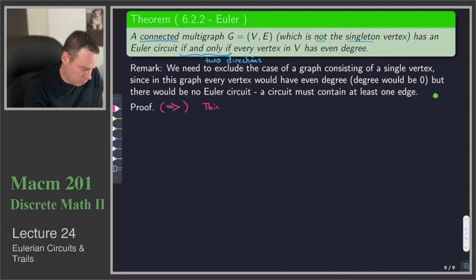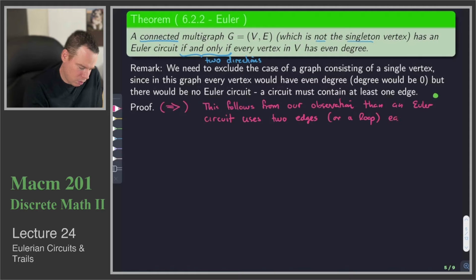Well, this follows from our observation that an Euler circuit uses two edges or a loop each time it visits a vertex.